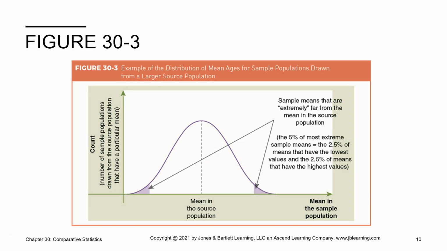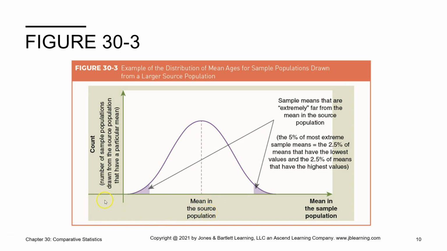Figure 33 has an example of the distribution of mean ages of a sample population drawn from a larger population. It discusses how there could be some differences in the means and spreads them out. So the middle line here is our mean in the source population.